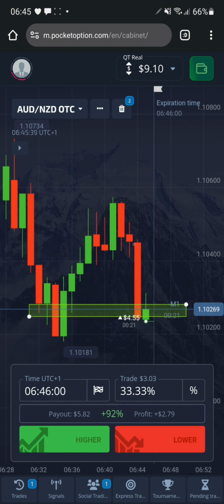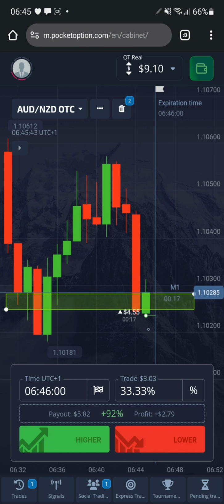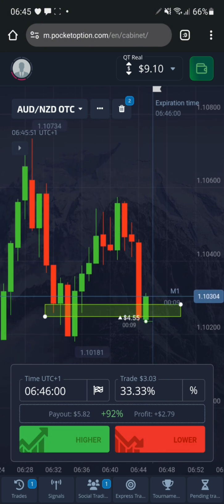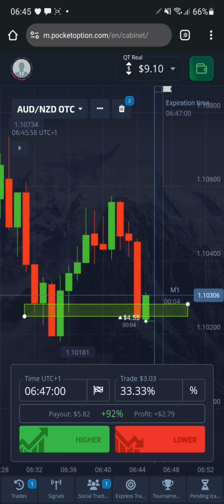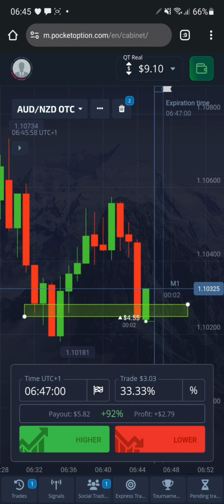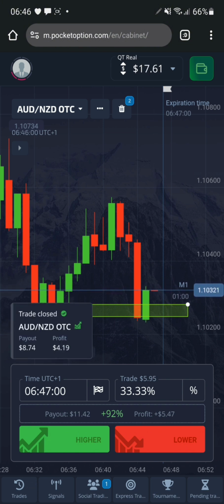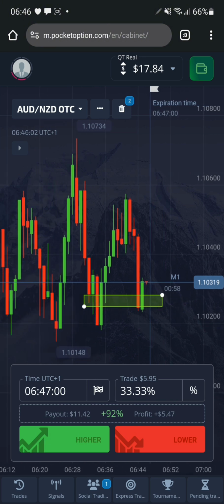So most of the time when we have this short and very long candles like structure, they tend to have these retracements. So that's why I took this trade. So we have 10 seconds more. Let's see. Okay, we have 2 seconds more. Okay, that was a winning trade. That's good.